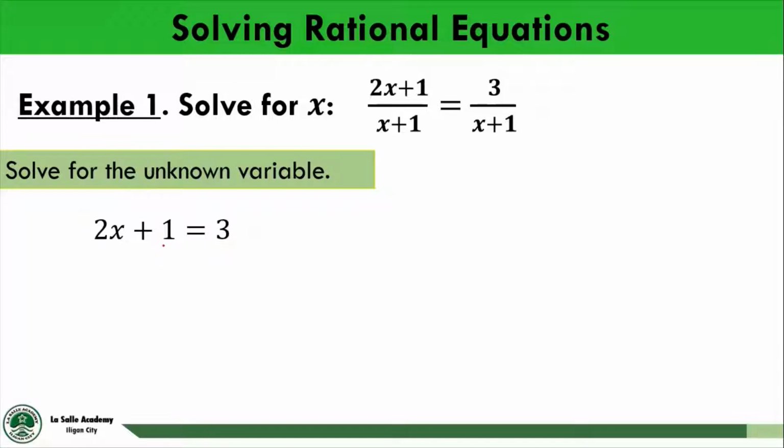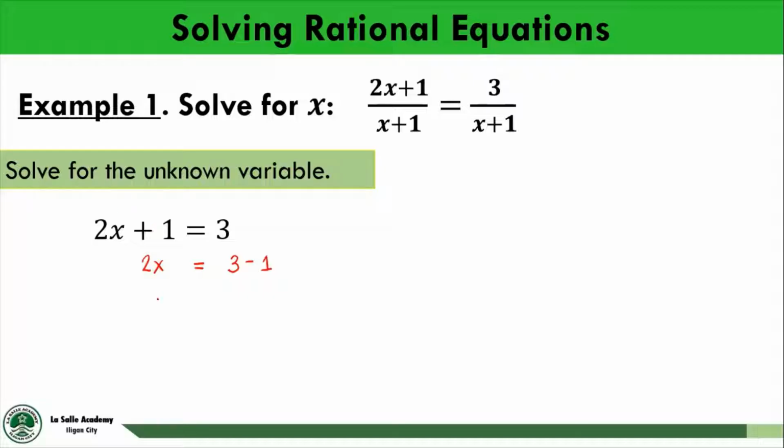To get rid of this, you can do transposition or the subtraction property of equality. In this video tutorial, we'll just use the transposition method. So we have 2x is equal to 3 minus 1. If you transpose this one, the positive becomes negative.